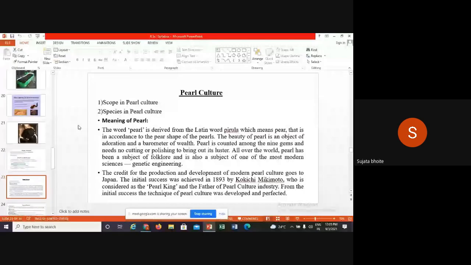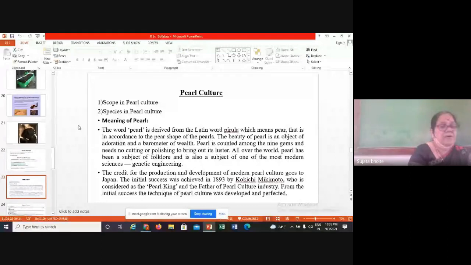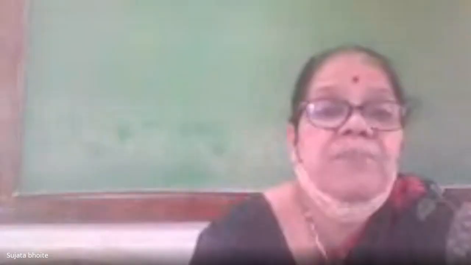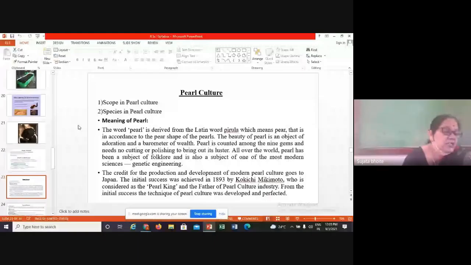These are examples. The first point is pearl culture, and the second point is the species used for food, shell, and the pearl industry.